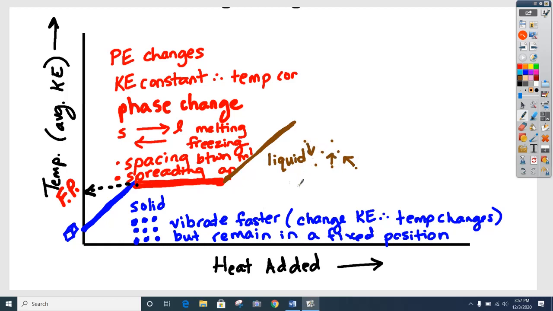And so because the energy that's being absorbed is affecting the motion, then this part of the graph changes your kinetic energy. So your kinetic energy changes because the motion changes, and therefore your temperature changes along this part of your graph.